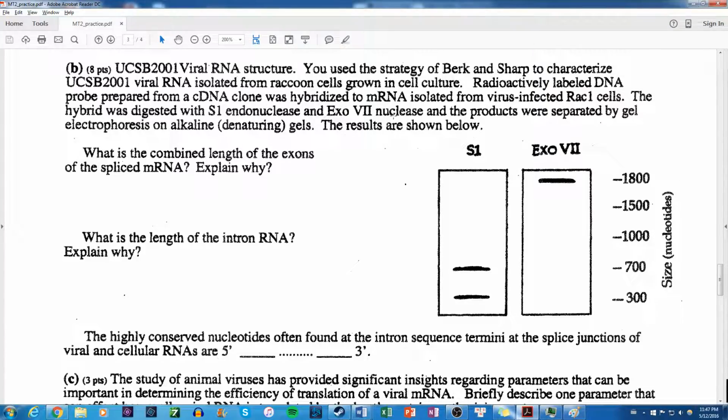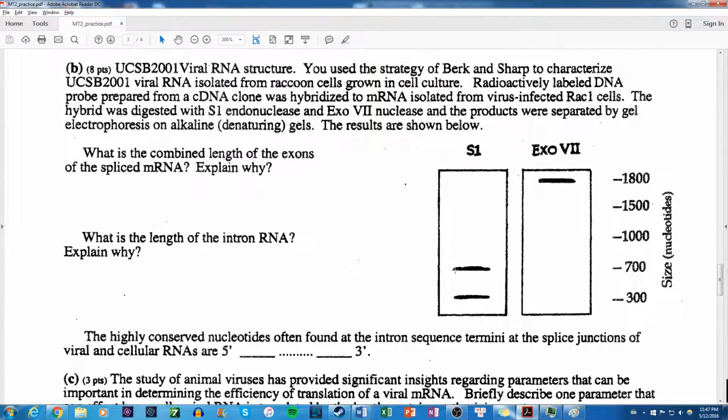So if S1 is the only thing that can cut these already spliced RNA fragments into smaller pieces, then S1 shows you what the total length of the mRNAs is, and that can give you insight into what the length of the exons are. There's 700 nucleotides worth of mRNA here, 300 nucleotides worth of mRNA here.